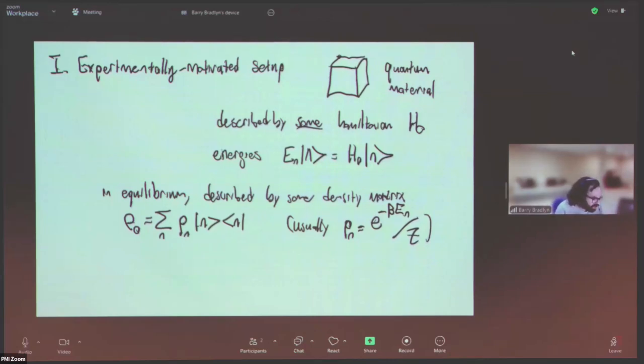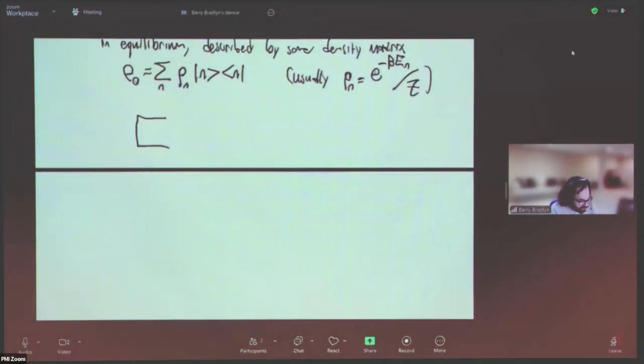So typically, to learn something about this material, what we want to do is poke it somehow with some probe, and then see what happens by picking up some signal on some detector. So in a transport experiment, we could poke it by applying a voltage or a current and measuring a current in the detector.